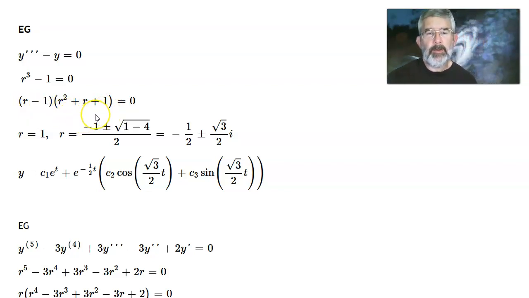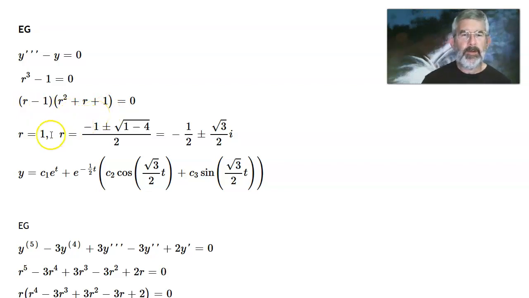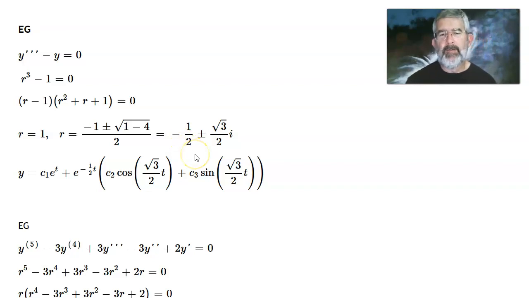This is unfactorable, and so r minus 1 equaling 0 would tell me that r equals 1, and this other thing equaling 0 would give me, I use the quadratic formula here, negative 1 plus or minus the square root of 1 squared minus 4 times 1 times 1, all over 2 times 1. Anyway, I get minus a half plus or minus the square root of 3 over 2 times i.